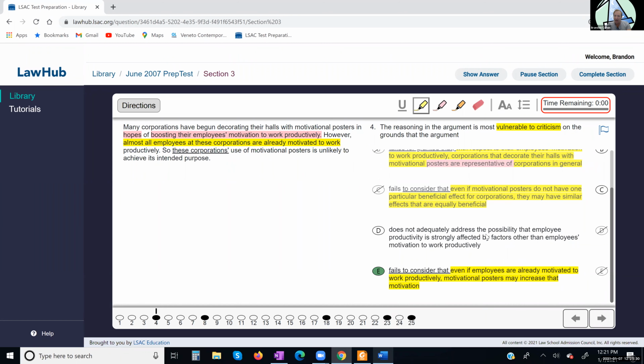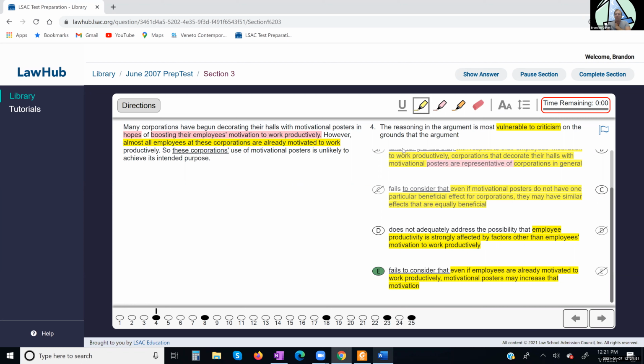D, does not address adequately the possibility that. So fails to address adequately the possibility that. So the question is, is this something that they failed to address? Employee productivity is strongly affected by factors.